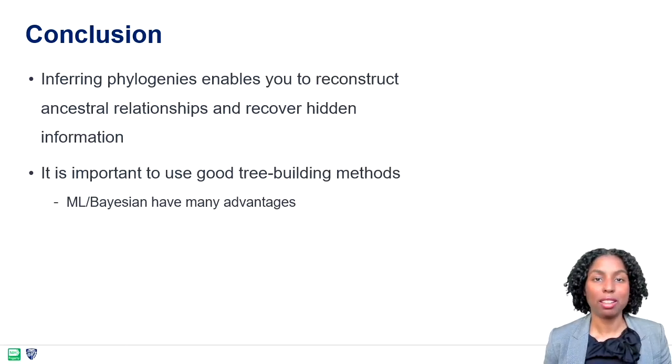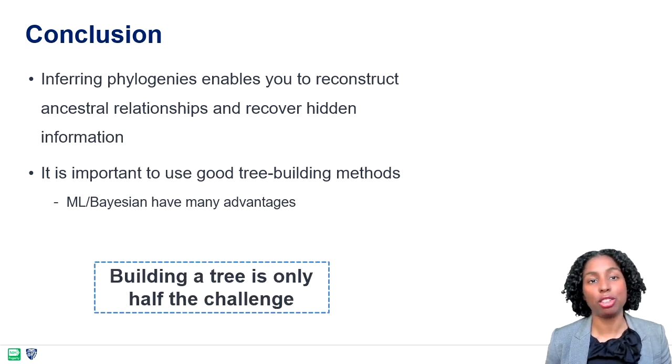So, the main take-home messages from these phylodynamic sessions are that inferring phylogenies allows reconstruction of the pathogen's ancestral relationships and recovery of hidden information, and that we can also use the phylogenies to identify recombination and natural selection.